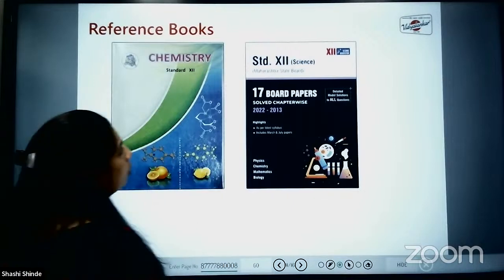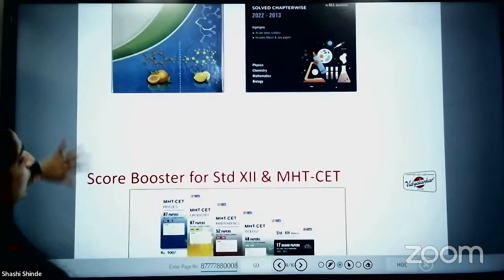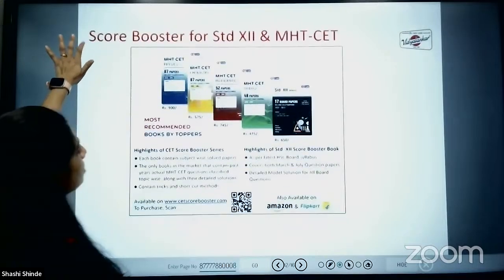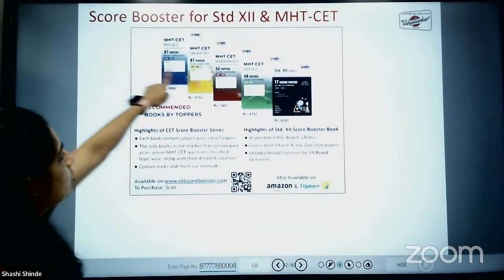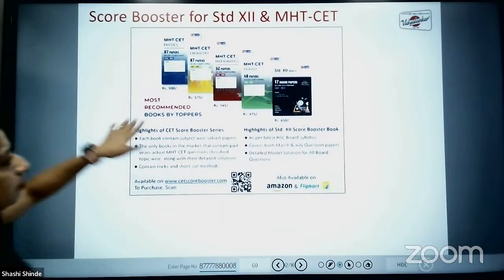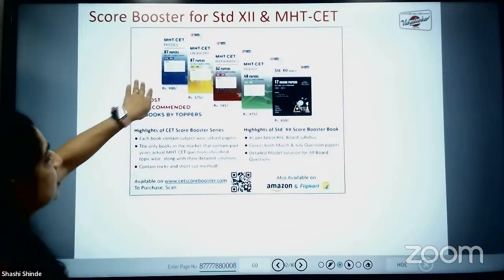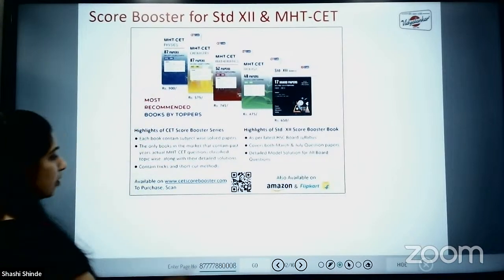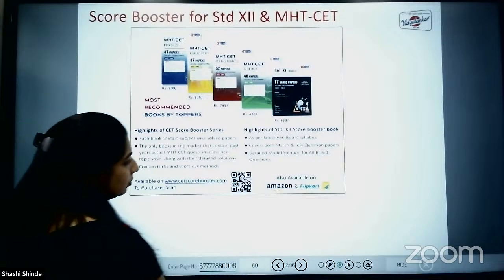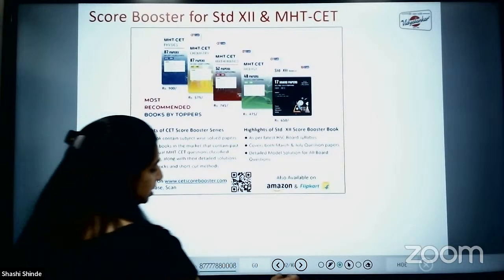So it is a Score Booster for HSC board, and for CET the Score Booster is this. So these are some Score Boosters given for the pure science PCMB. These are also available on Amazon, Flipkart, so you can purchase them also.